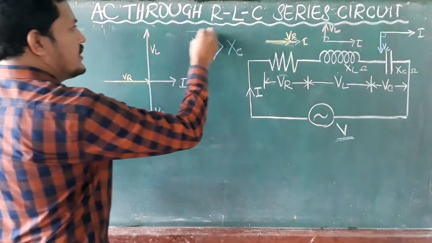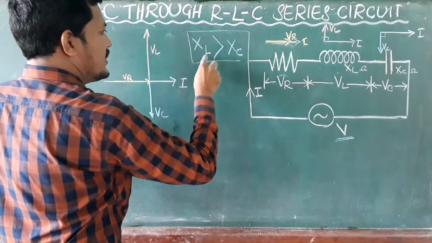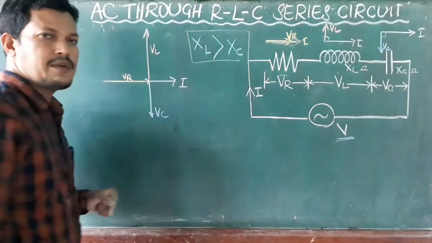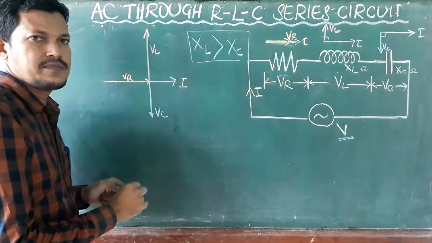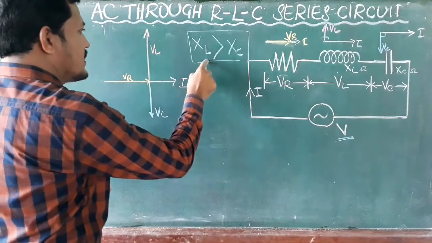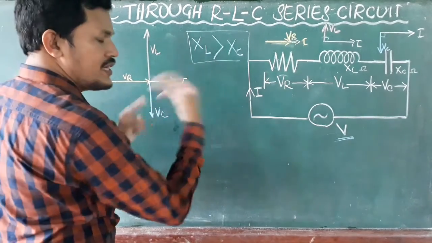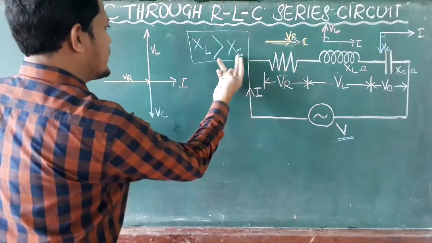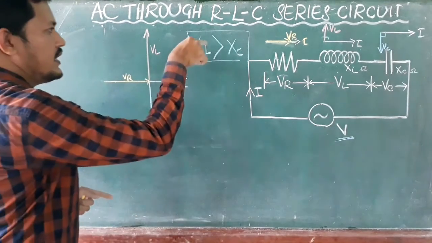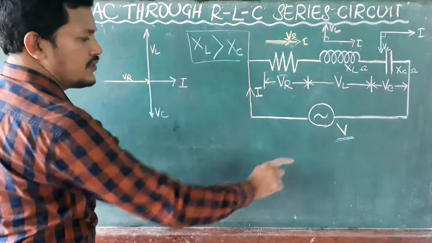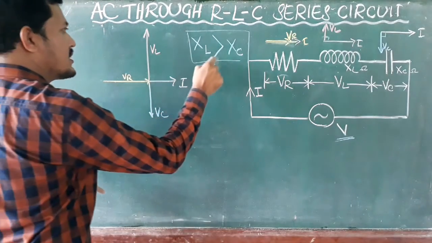I am taking this condition: inductive reactance is greater than capacitive reactance, so the voltages are cancelled. Vice versa, we can also imagine XC is greater than XL, that one also we can write. I am taking this condition and continuing the derivation based on it.